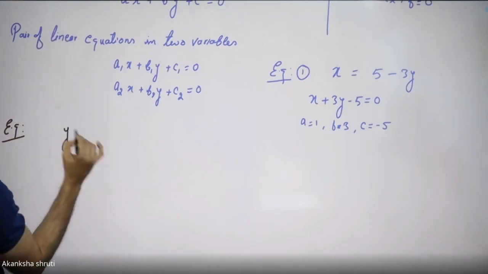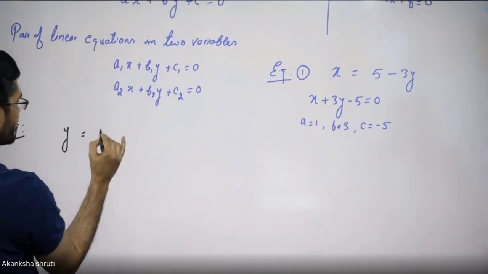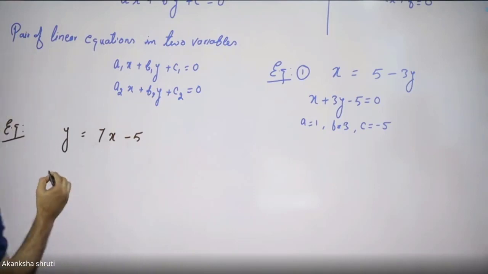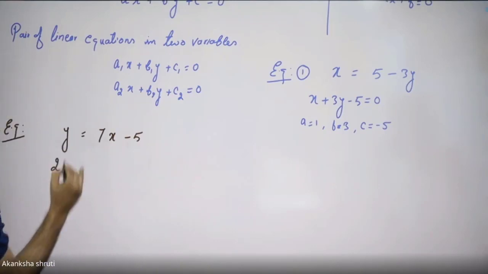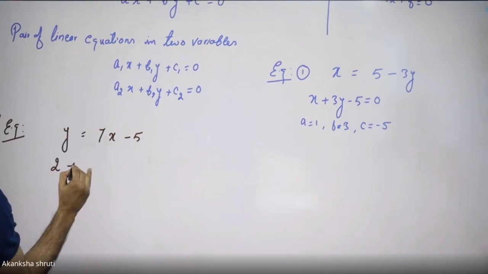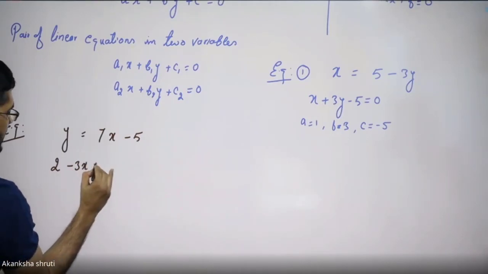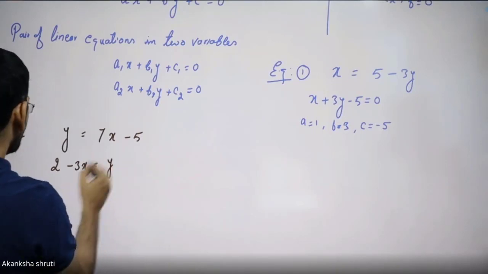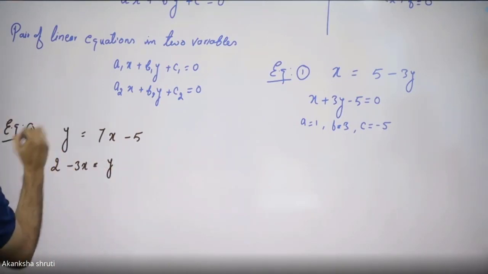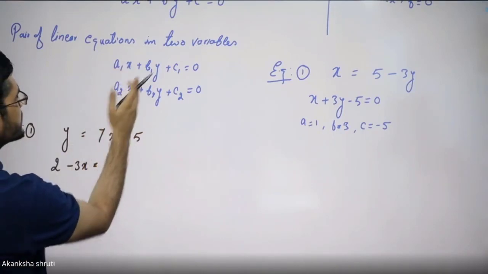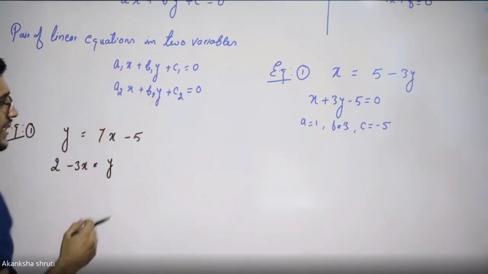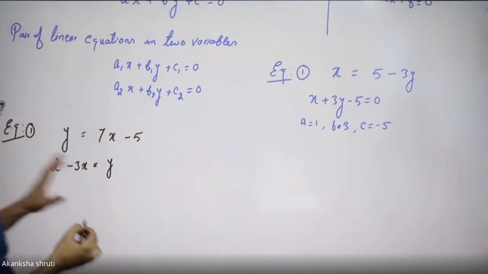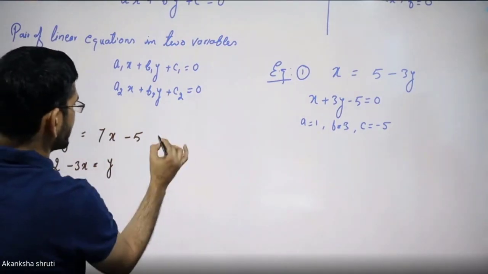Say y is equal to 7x minus 5 and then 2 minus 3x is equal to y. For this pair, we have to write a1, a2, b1, b2, c1, c2. That is the very first thing we have to learn. So always for comparison, we have to write in the standard form.